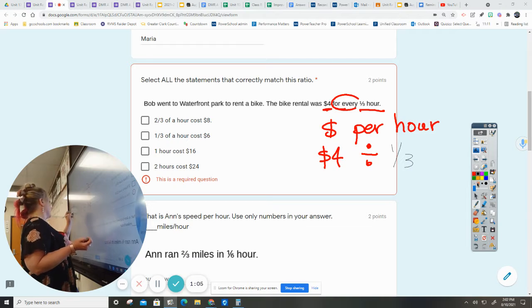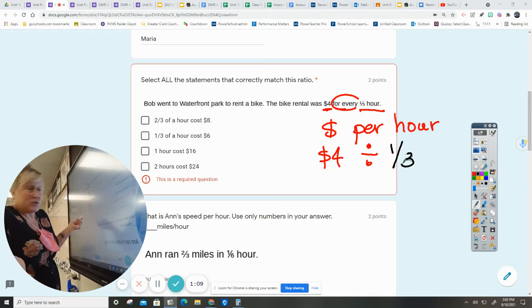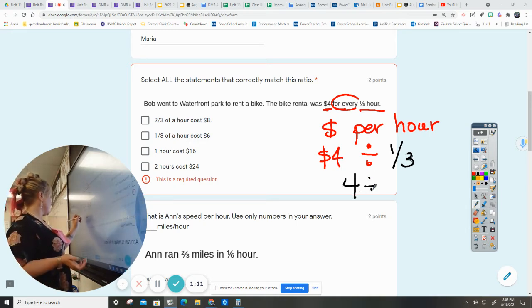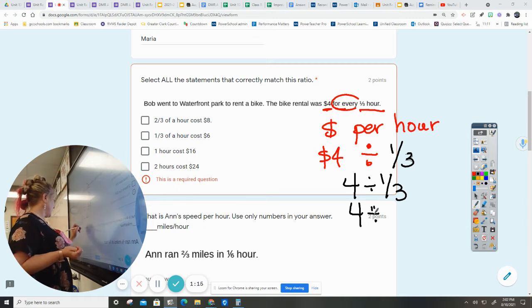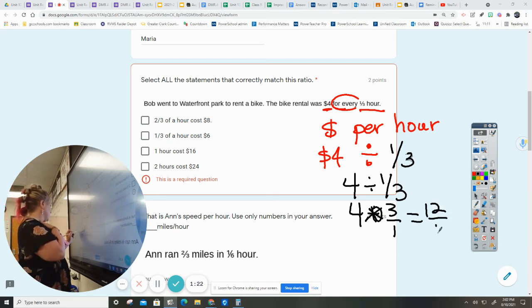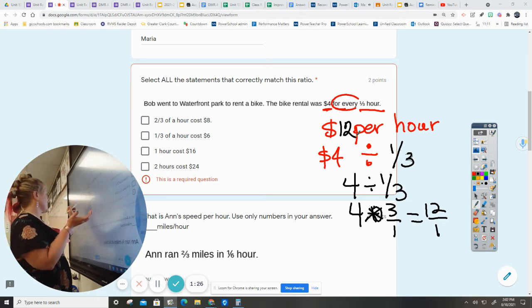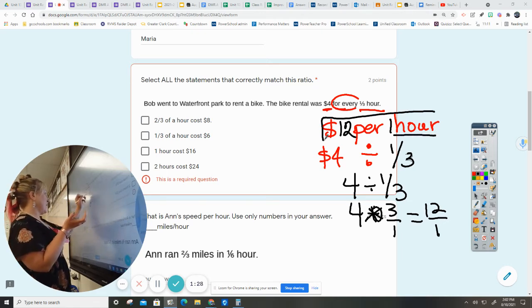So now all I got to do is solve this. 4 divided by 1/3 means 4 times 3/1, which equals 12/1. So then I solve it. It's $12 per 1 hour.